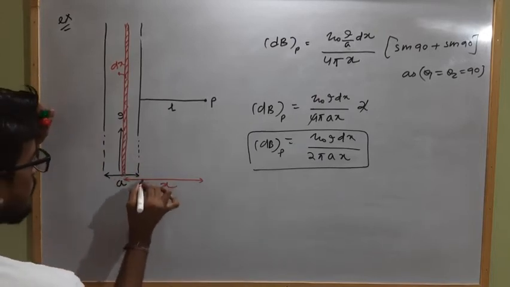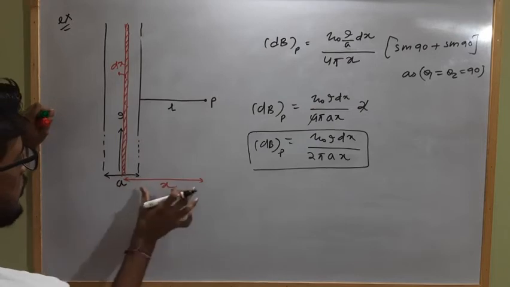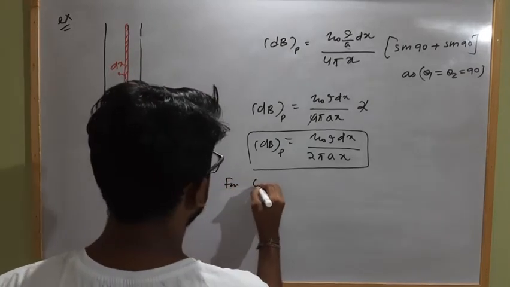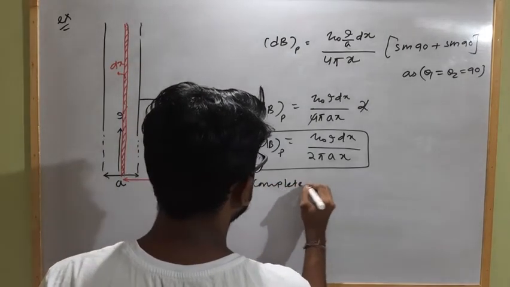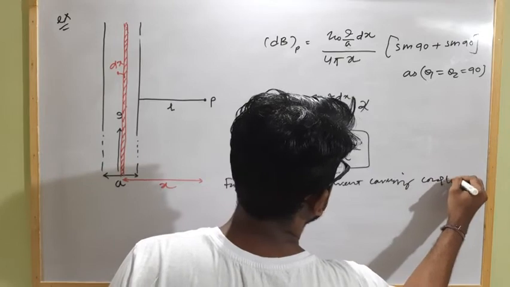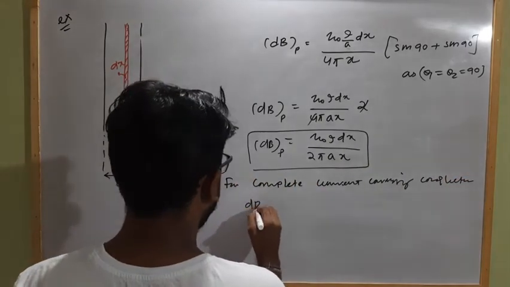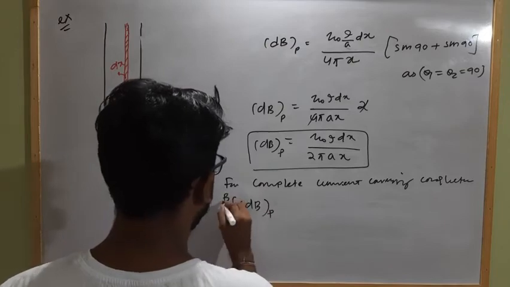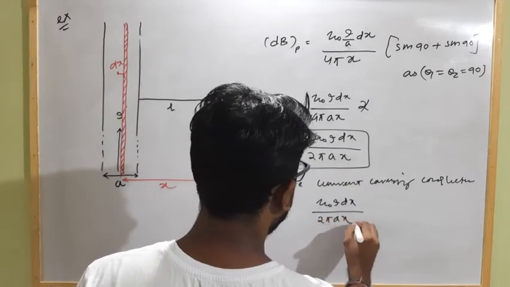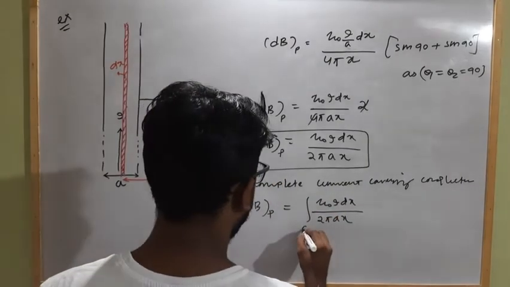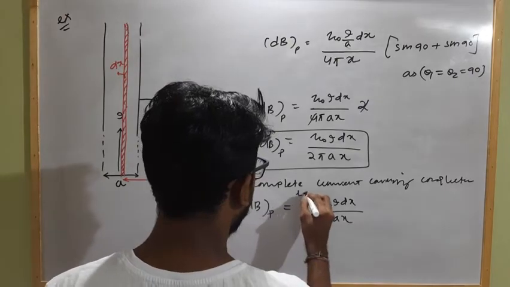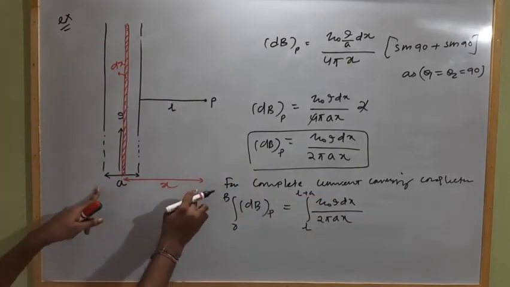This length is L, this length is A, so the limit of x will be from L to L plus A. So for the complete conductor, dB integrated will be mu naught I dx divided by 2 pi A x, with the integration varying from L to L plus A, as this end is L and the other end will be L plus A.